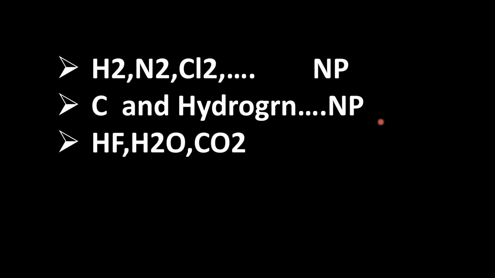The element having the larger electronegativity value pulls the electrons more towards itself as compared to the other atoms. So there will be unequal sharing of electrons.